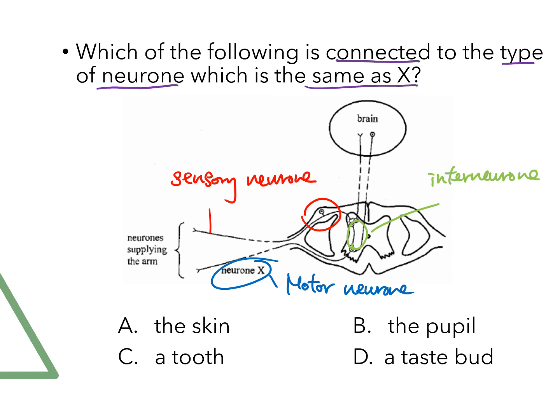It can either be the effector muscles, or it can be the effector such as the glands. Anyone?